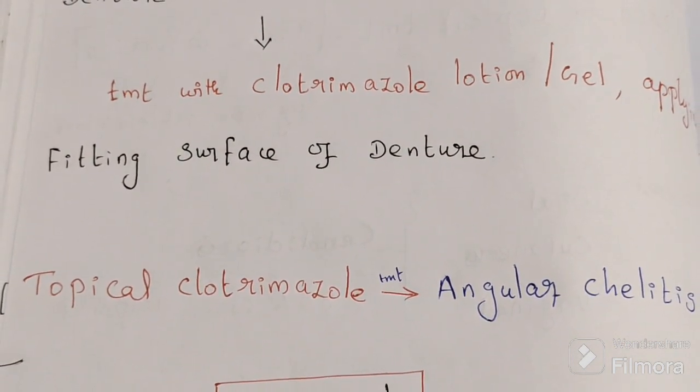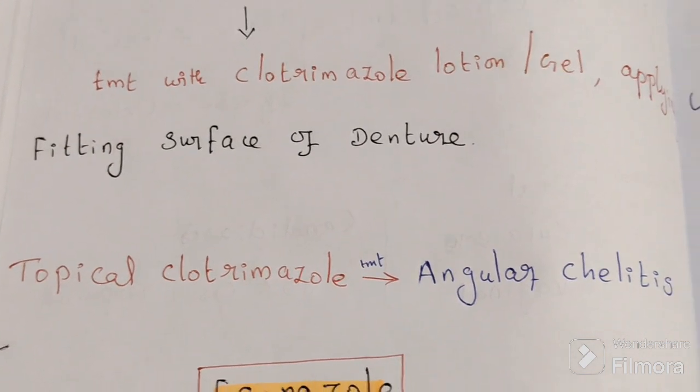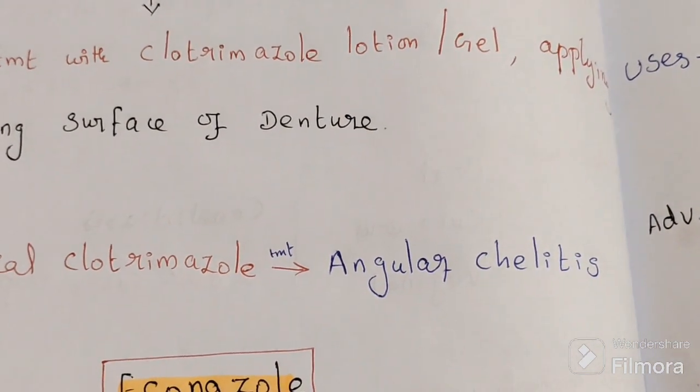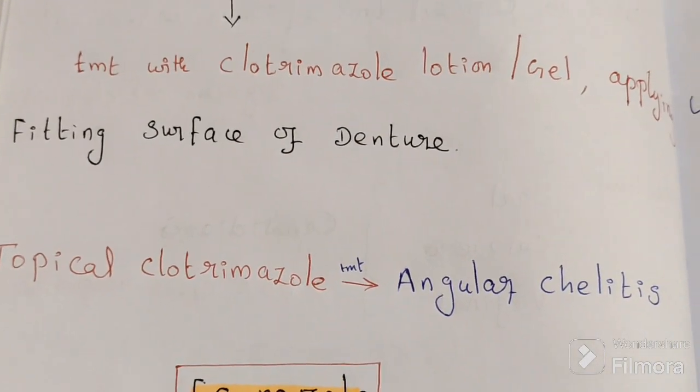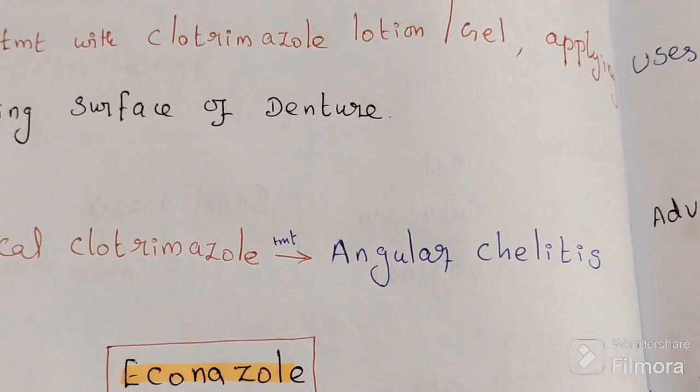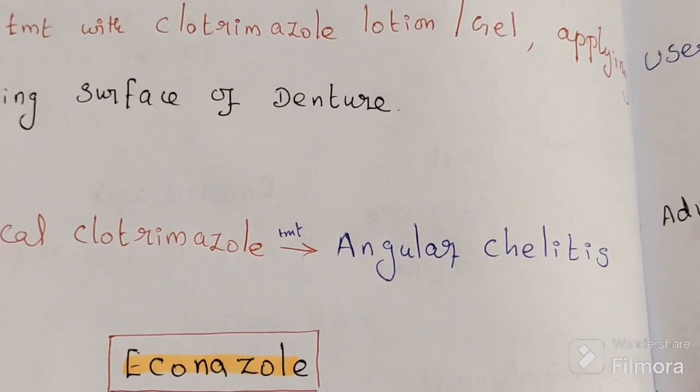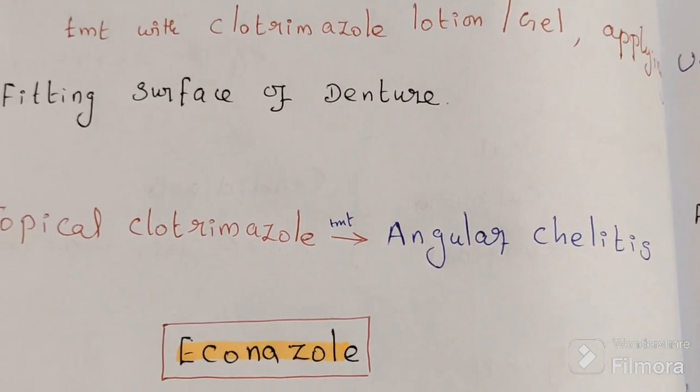Topical clotrimazole is also used for the treatment of angular cheilitis.